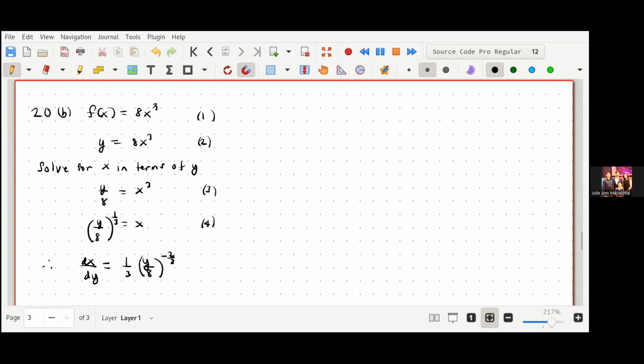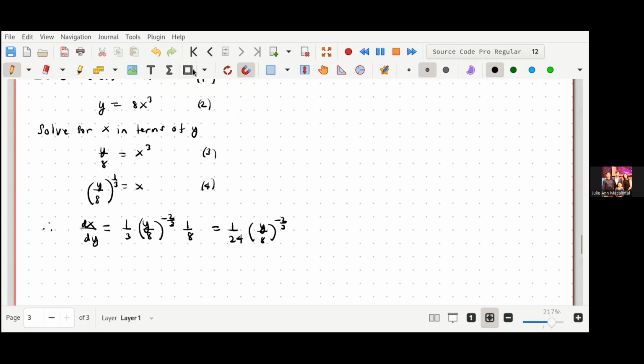Then the derivative of y/8 with respect to y is 1/8. So it's 1/24 (y/8)^(-2/3). I think it's better to put it on a separate line. So this is the direct calculation of the inverse.